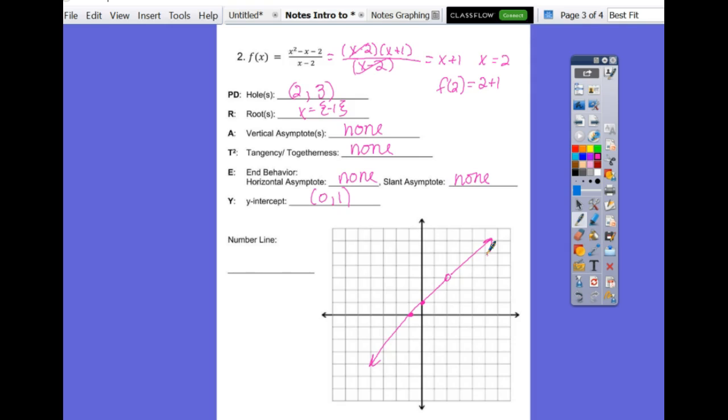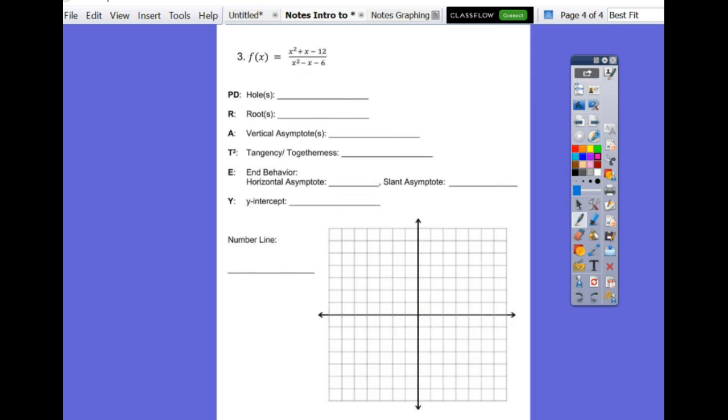So before you plow ahead, look at what you have. All right, the third one, everybody factor. Okay, so everybody should have factored.